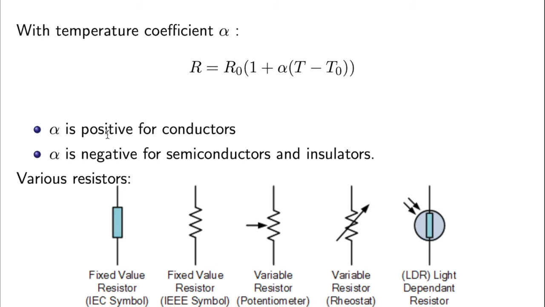That restriction is represented as an increase in resistance, suggesting alpha is positive.